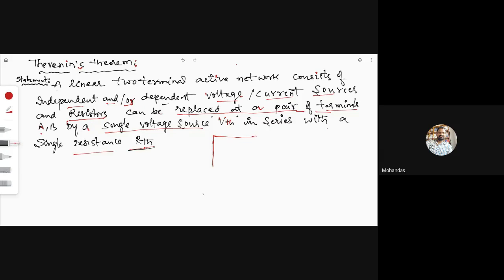Later, draw this one. This is a complicated or complex circuit. Network and circuit are both the same.